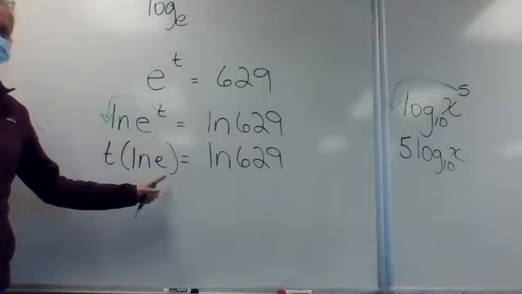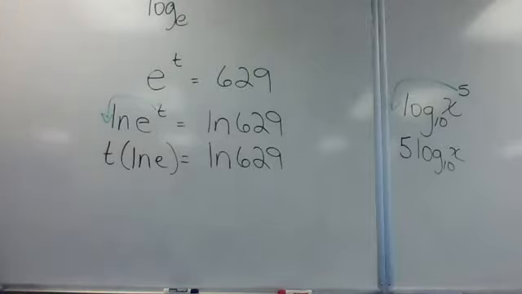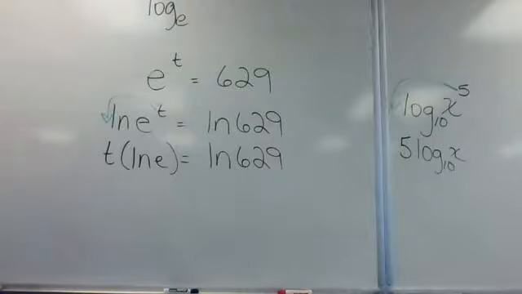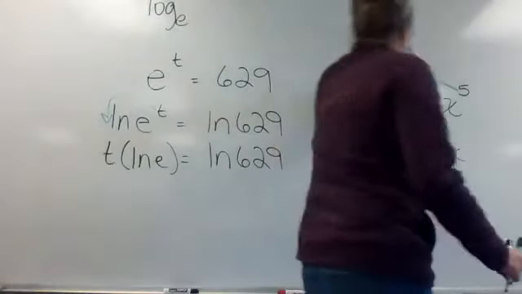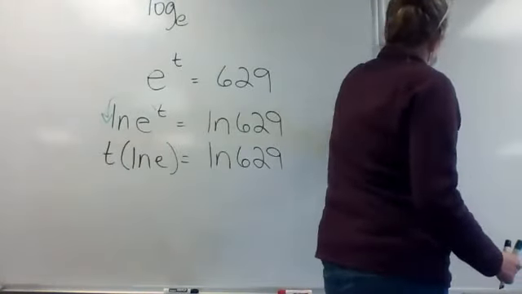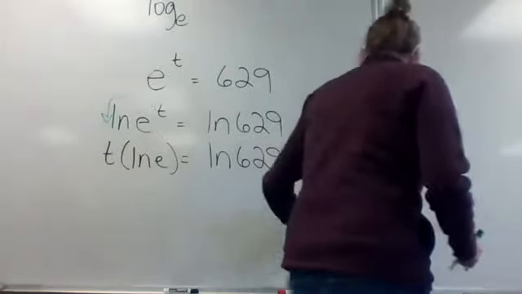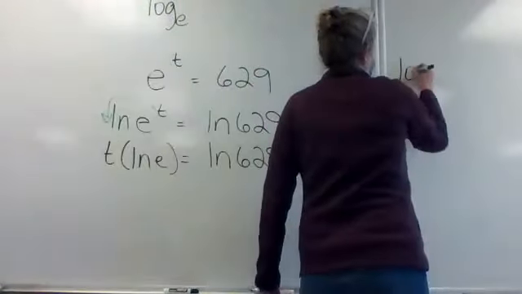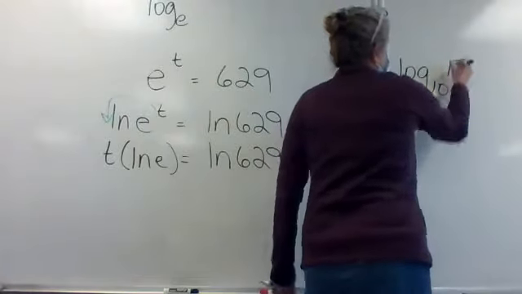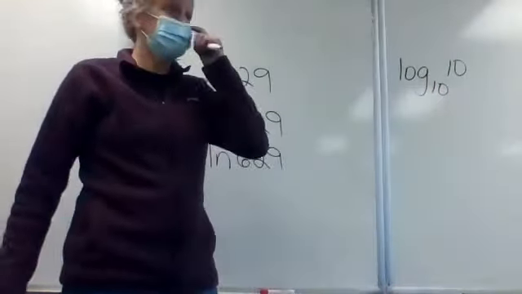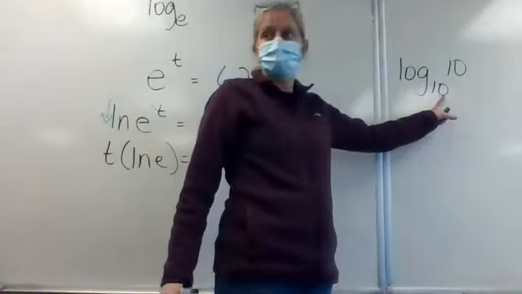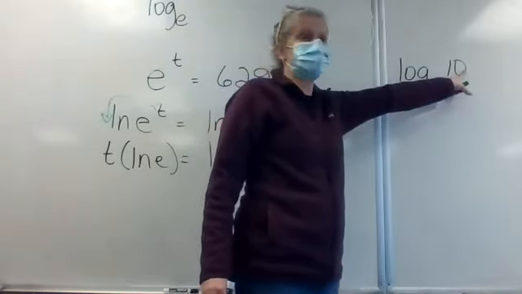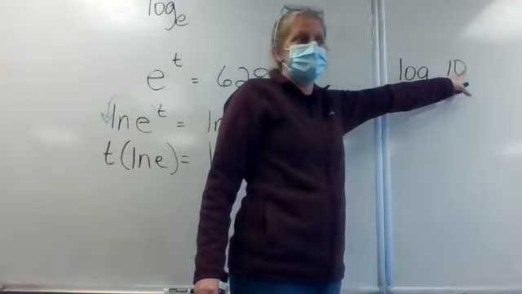Anytime you see this, that is actually just equal to 1, because remember, when you're finding logarithms, what are you doing? You're saying, what power do I need to raise this base to in order for it to equal what's in this position?